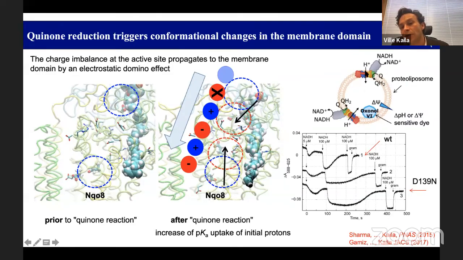And then we could measure how protons are being pumped inside these proteoliposome vesicles by having a pH or, in this case, a charge-sensitive dye. And you can see that there is a big difference in these traces between the wild-type system and when we have removed this charge in the system.